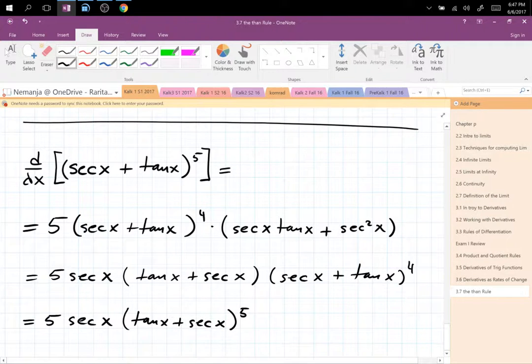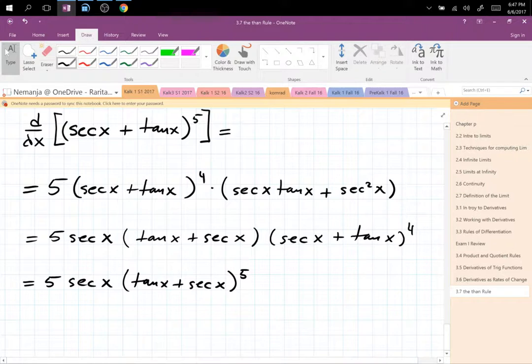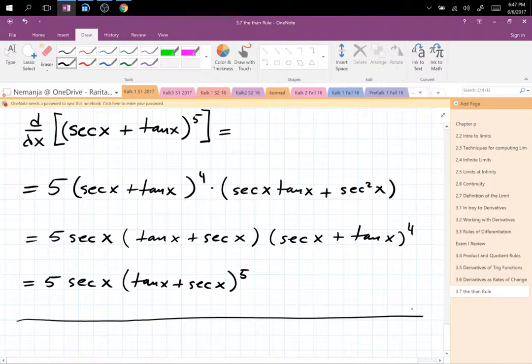Well, derivative of e to the x is e to the x. It's interesting. Let's take a look at spicier stuff.